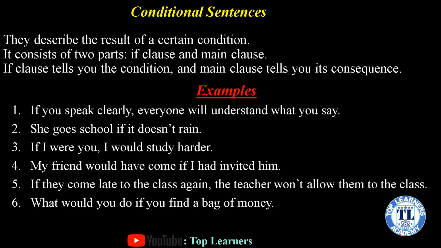If we use if clause at the beginning of the sentence, like in example 1, we should use a comma after if clause, and then we can write the main clause. But if we bring the main clause first and if clause second, we do not need any comma between our if clause and main clause. Like example 2, she goes to school if it doesn't rain.